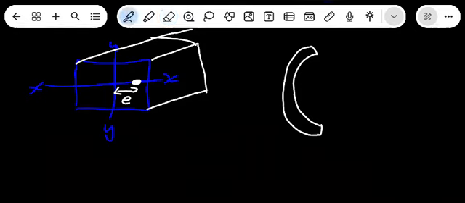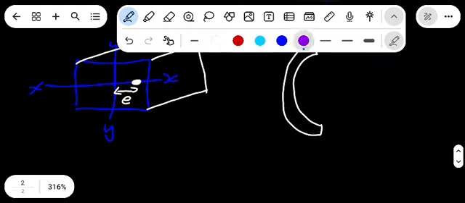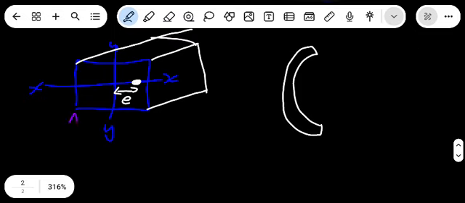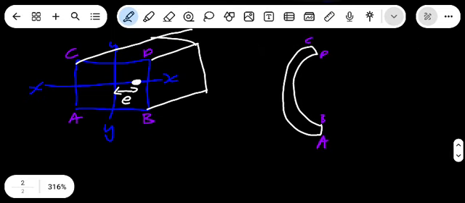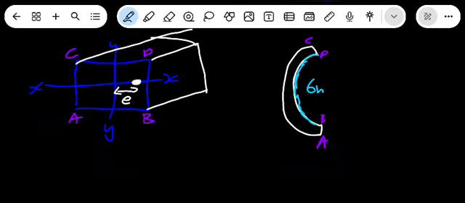So if it will bend like this, you must check here. I can call this point A, B, that edge C, D. So here I will have A, C, and B, D. The bending stress in this side is compressive, whereby compressive is negative.